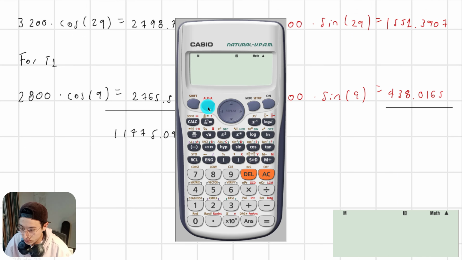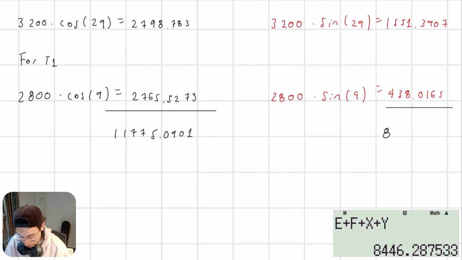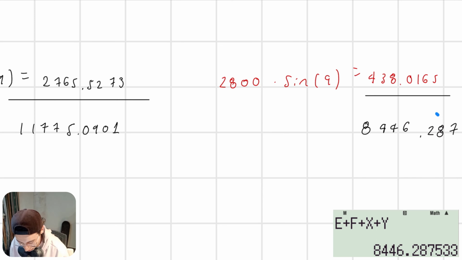And now I'm going to add E plus F plus X plus Y, which is 8,446.2870.